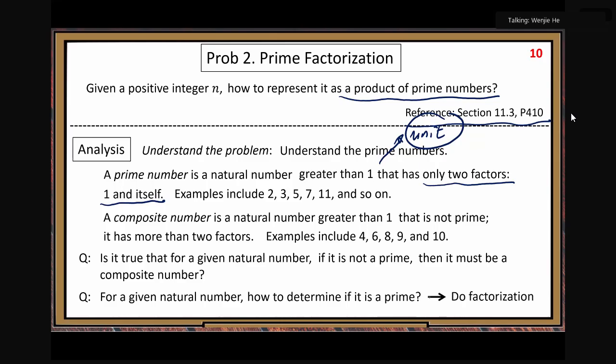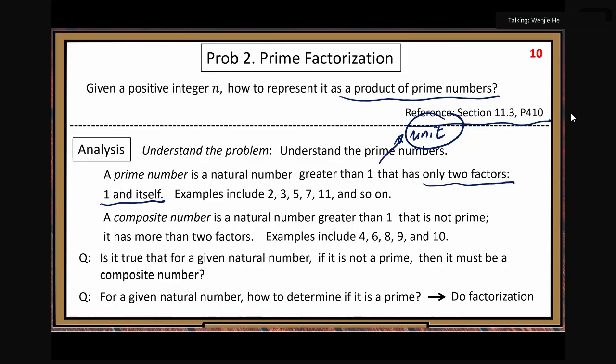We need to do factorization, because the definition tells us we need to use the factor information. How many factors? If it has only 2 factors, then prime. More than 2 factors, composite number, right?